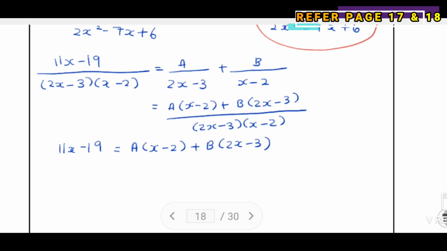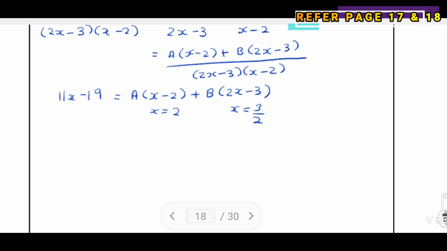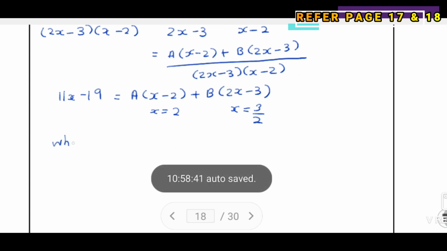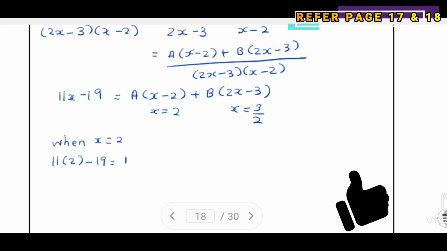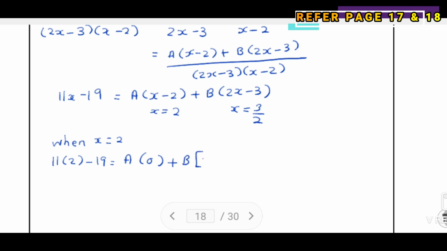Next, we have to find the values of A and B. By substituting two values of x, we're going to find A and B. So we can let x as 2 and x equals 3 over 2. When x equals 2, 11 times 2 minus 19 equals A times 0, because 2 minus 2 is 0, plus B times 2 times 2 minus 3.